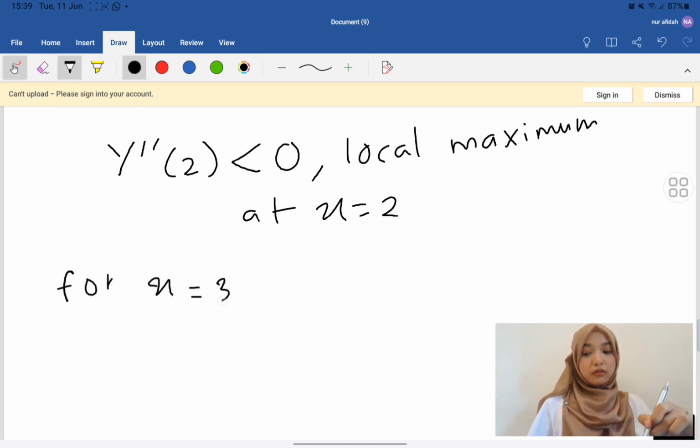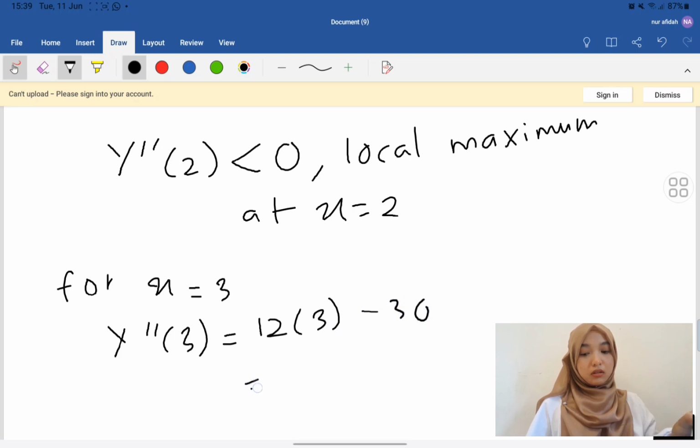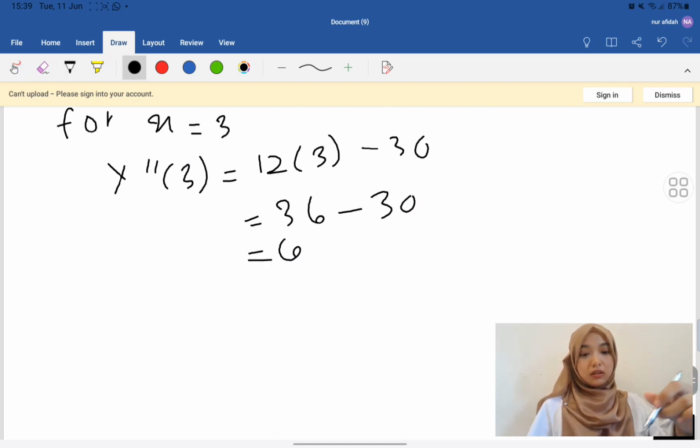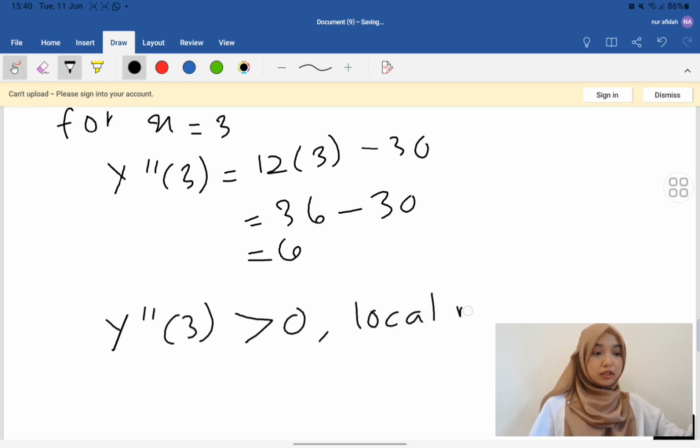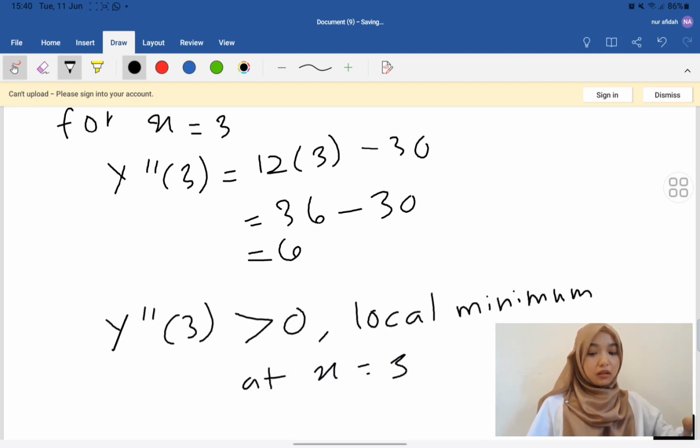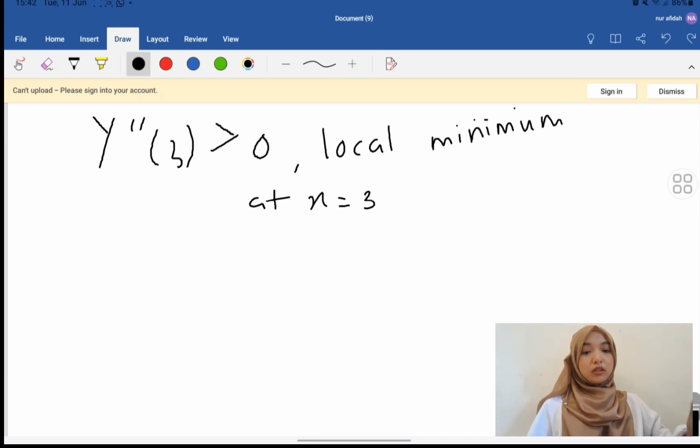For x equals 3, we got 36 minus 13, which is positive. Since the final answer is bigger than 0, the function has a local minimum at x equals 3.